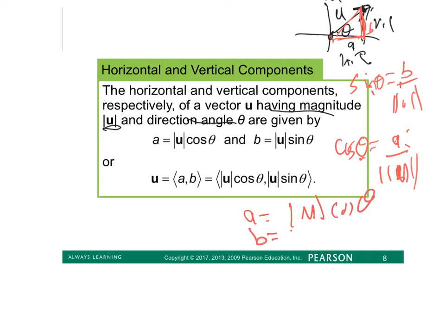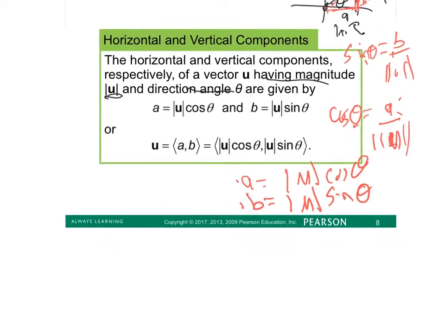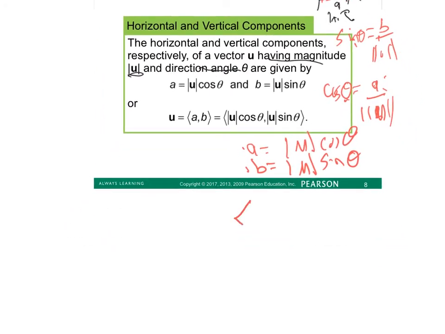B will always be the magnitude of U times the sine of theta. So if that's A and B, I can represent my vector as magnitude of U cosine of theta, comma, magnitude of U sine of theta.